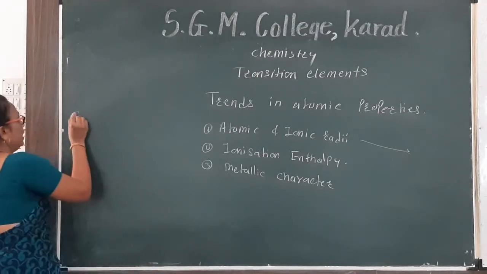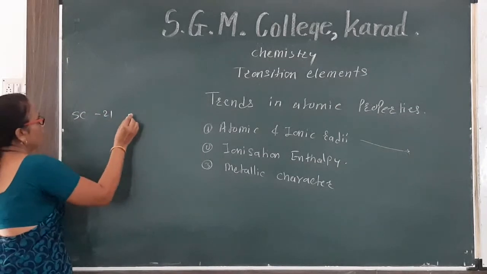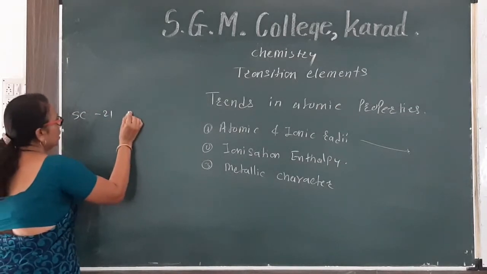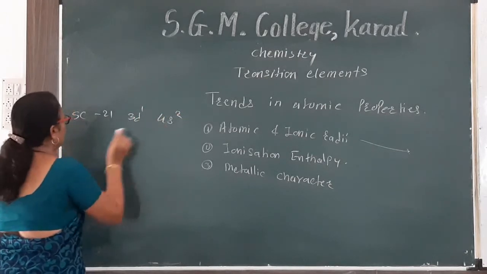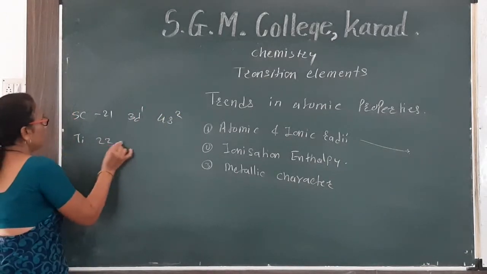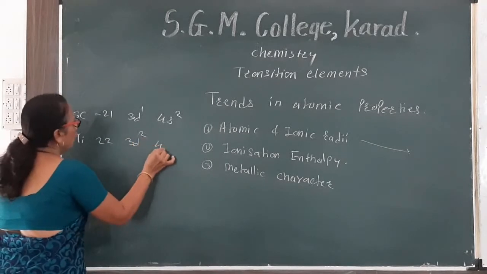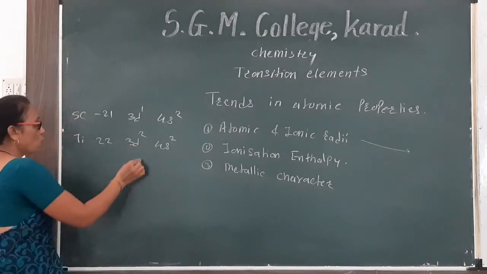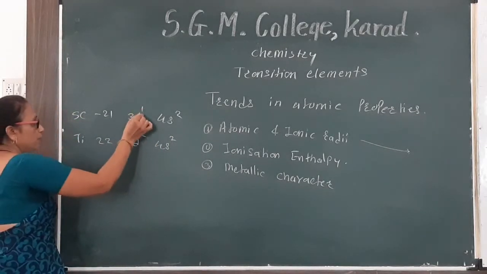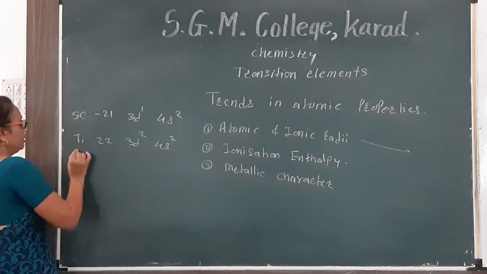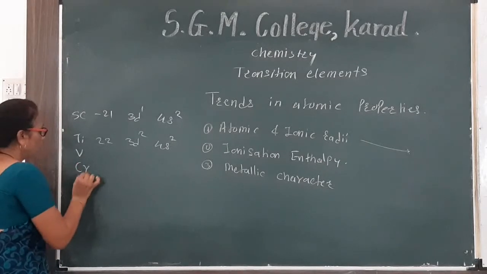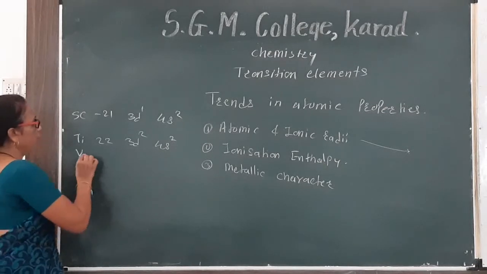Scandium, atomic number 21, has configuration 3d1 4s2, titanium 22 has 3d2 4s2, and so on. The number of unpaired electrons increases from scandium, titanium, vanadium, chromium, up to manganese.